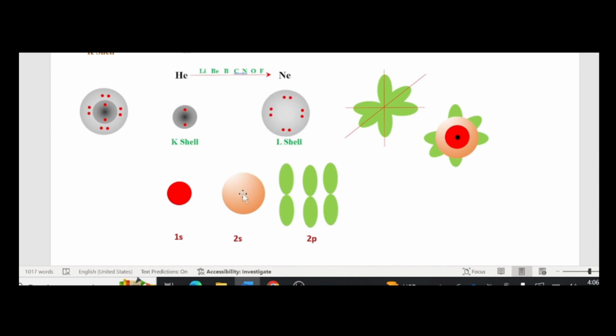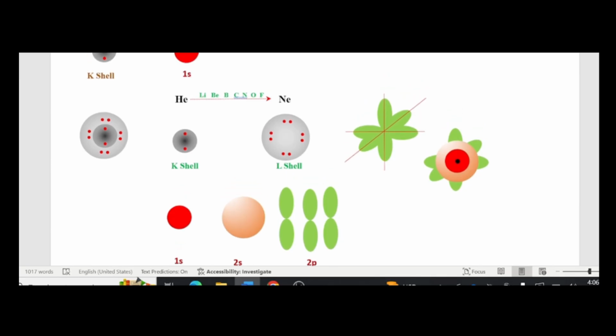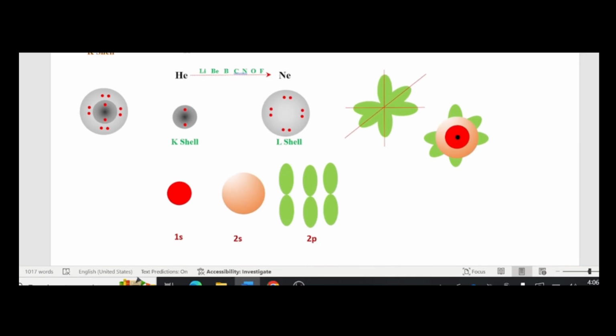We are having a spherical orbital that we call the 2s orbital, not in terms of number, but in terms of position. So you see, this first one here is found in the K shell, and this one here is found in the L shell. And also these ones here are there too.